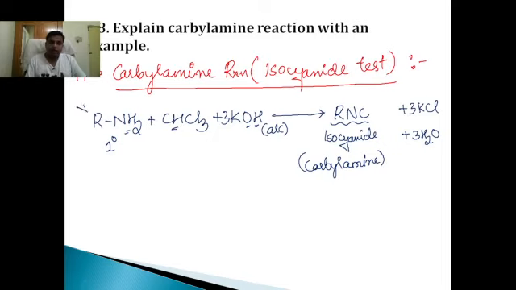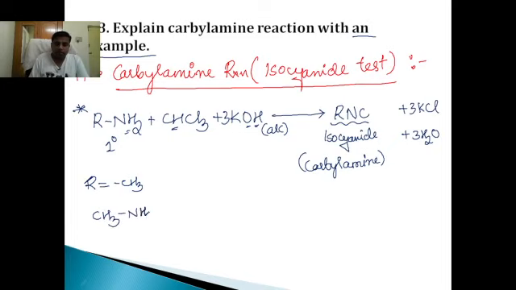But you will not get the marks for just writing this equation. They have specified with an example. You have to write an example. So wherever there is R, take R as CH3. Take CH3NH2, that is nothing but methanamine, isn't it?